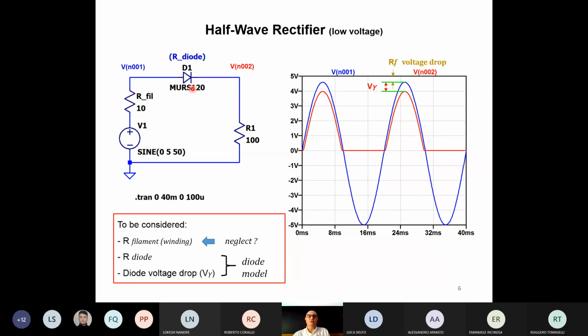Usually the voltage drop across the diode is constant, more or less V gamma, even if the current goes high. But the voltage drop across the filament depends on the output current, peak current, okay? Then again, we have to consider diode resistance, here we neglected it, but the voltage drop across the diode must be considered for sure.